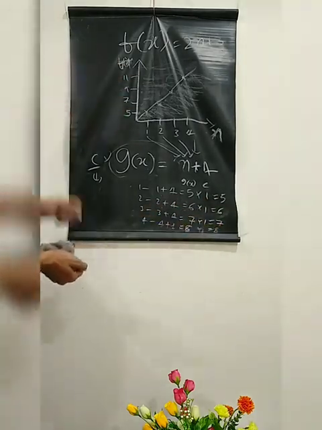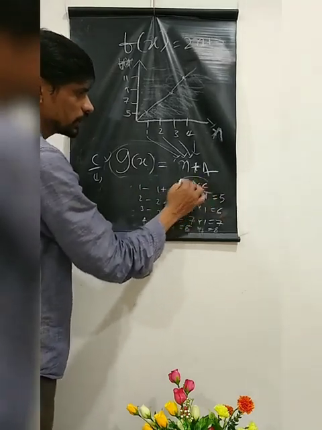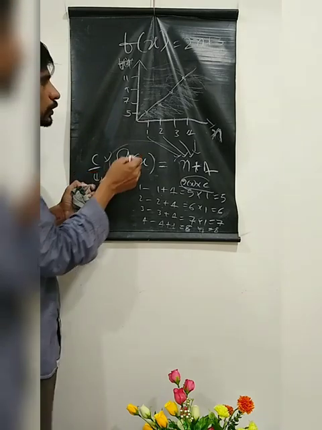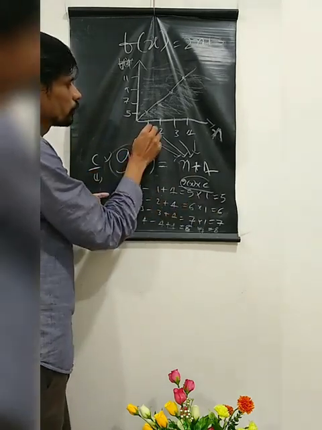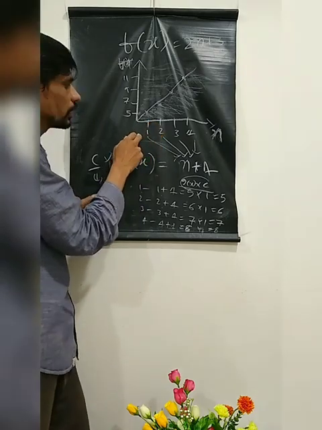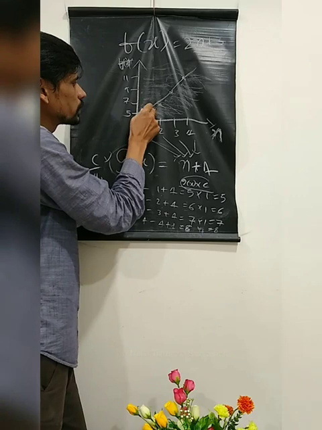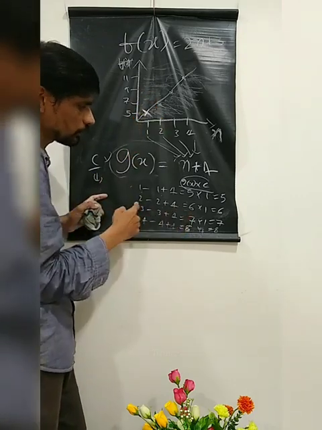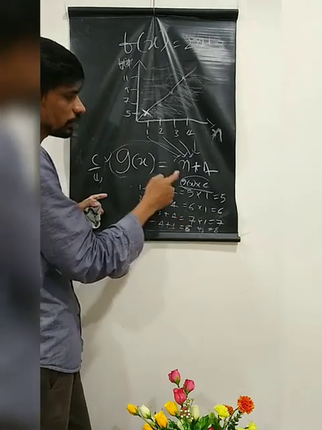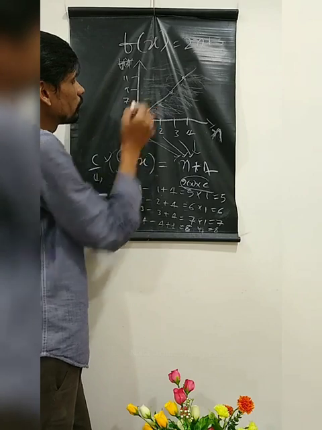Now we will try to plot this g of x multiplied by c in this graph. For 1, what is my output? 5. So same as f of x, right? Now if I pass 2, what is the value for g of x multiplied by c? 6, somewhere like this.